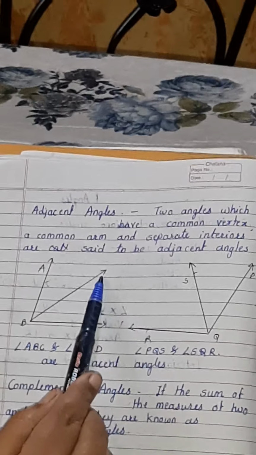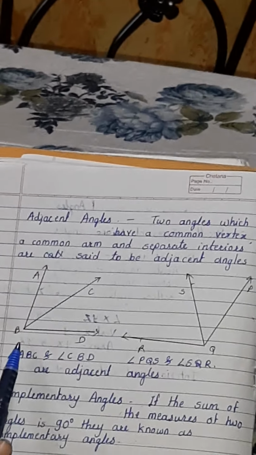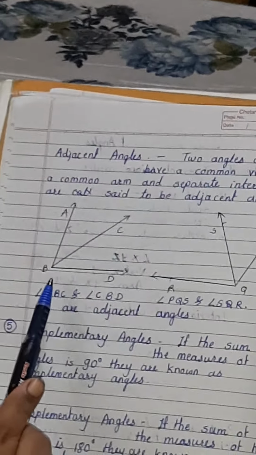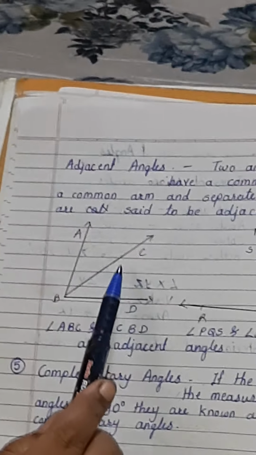Angle ABC and angle CBD. These two angles are adjacent angles. What is the requirement? They have a common vertex, that is B, and a common arm, that is BC. But their interiors are different or separate.